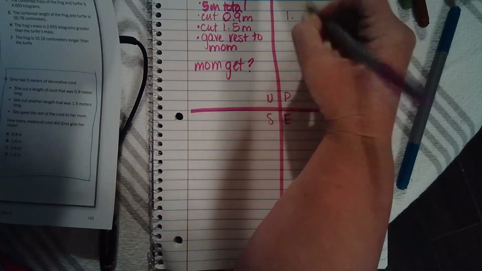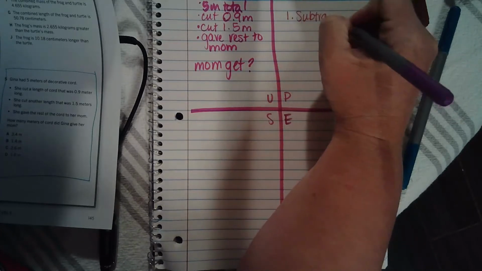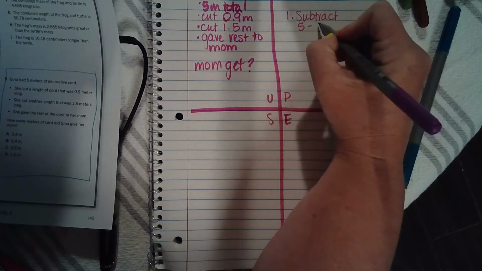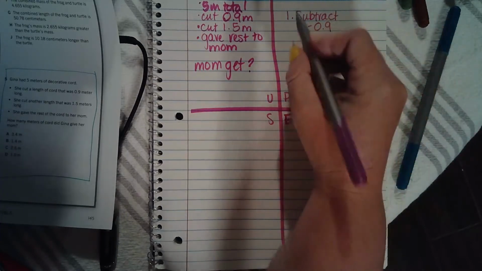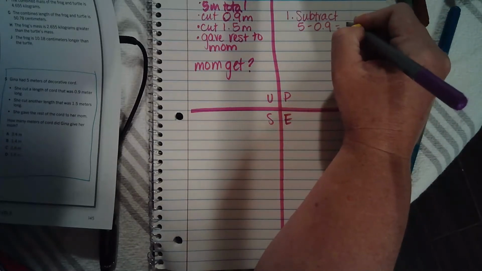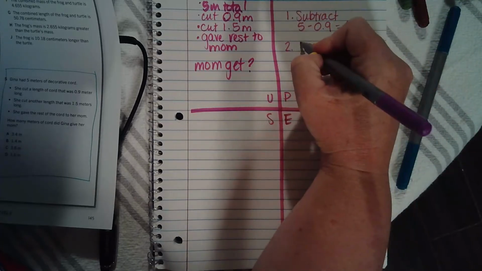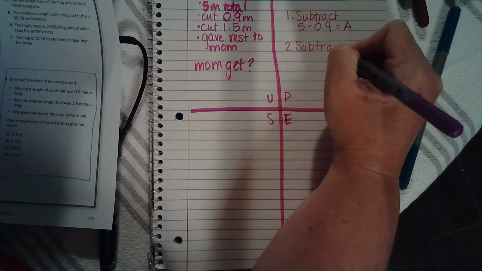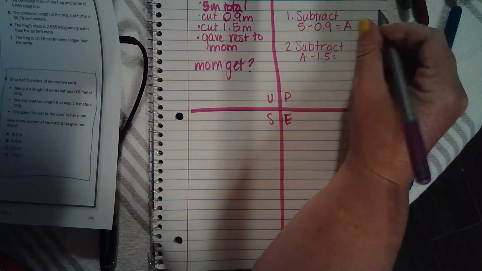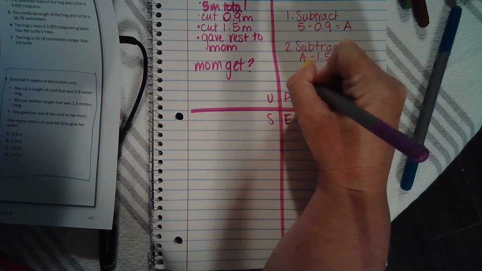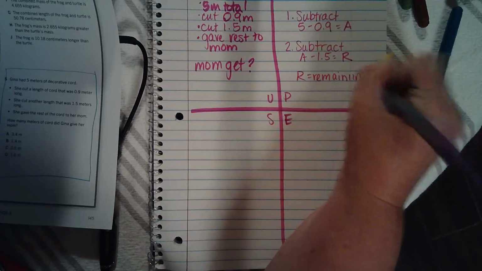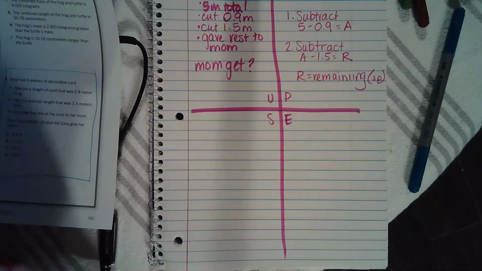So I'm going to subtract 5 minus 0 and 9/10 equals A. Then I'm going to subtract from A minus 1 and 5/10 will give us the remaining left over, and R equals remaining, if I spelled that correctly, probably.